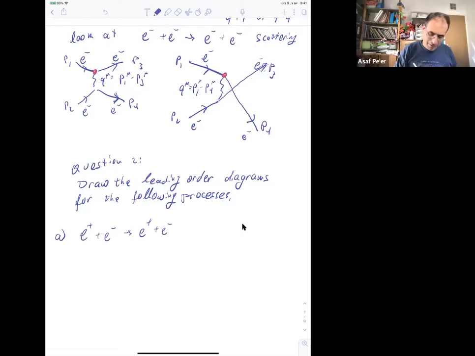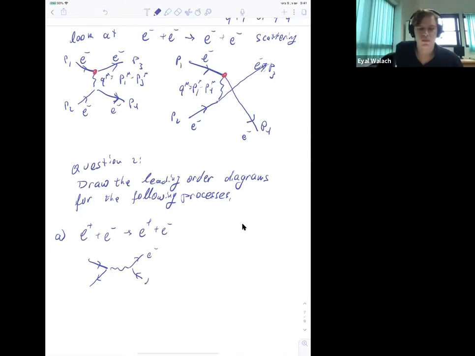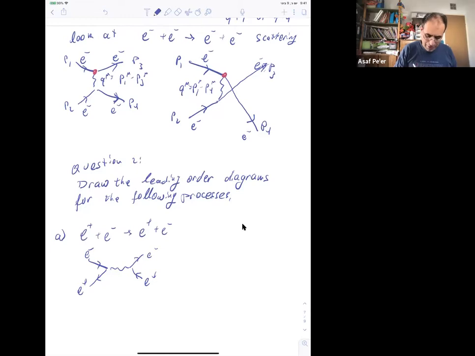So we have 2 S channels, and the 2 because the intermediate particle can be a gamma, but it also can be a Z boson. Remember, I showed you that this depends on the energy.